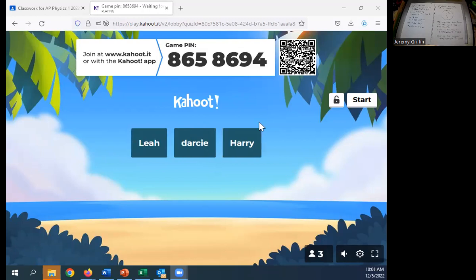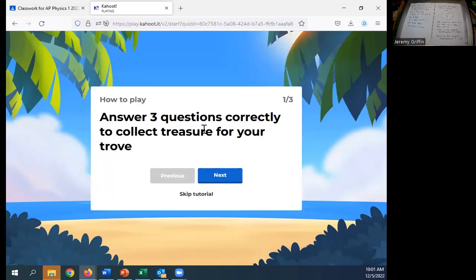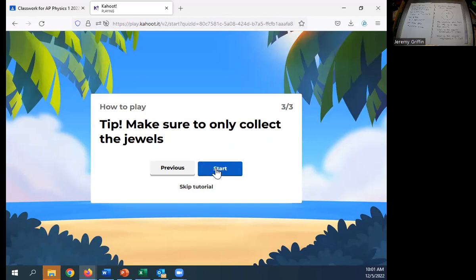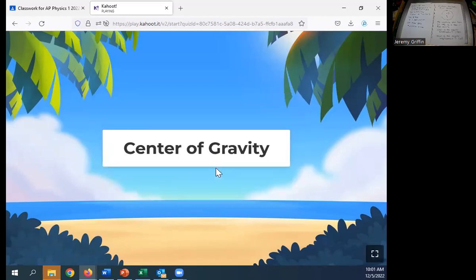All right, we got Harry, Darcy, and Leah. Let's see. Answer 3 questions correctly to collect treasure for your trove. Oh, looks like they're giving us a tutorial, right? To collect, quickly tap the treasure as it flies by. Ooh, exciting. Make sure to collect only the jewels.